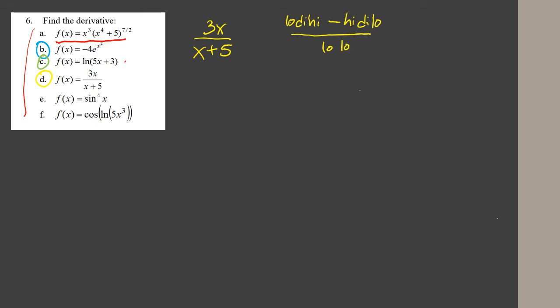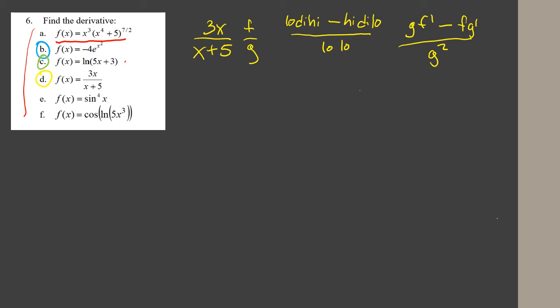Another way that we see it is if this is f and this is g, we have g f prime minus f g prime all over g squared. Whichever device helps you to memorize it, I just like the rhyming.